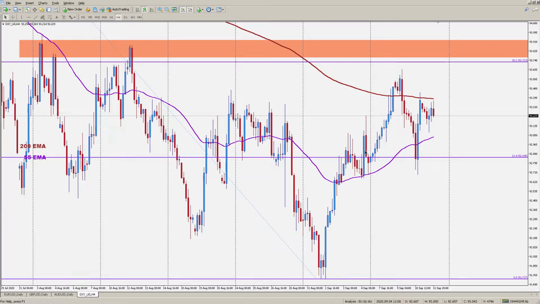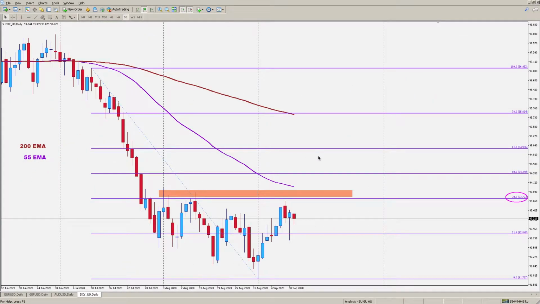Last week it attempted to reach the 38.2 fib retracement, but then fell back into the 21 fib before climbing back up again to the 4-hour 200 EMA. There's still opportunity this coming week for it to reach 38.2.